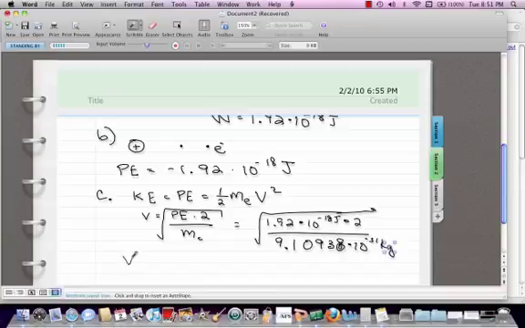And so when I multiply that through, I find 2.05 times 10 to the 6th meters per second.